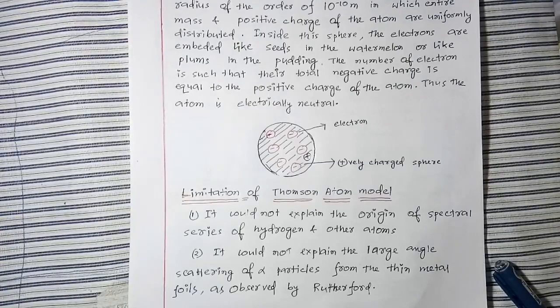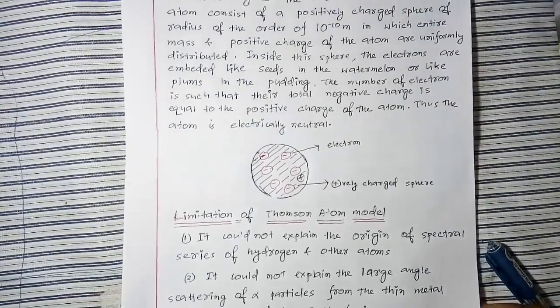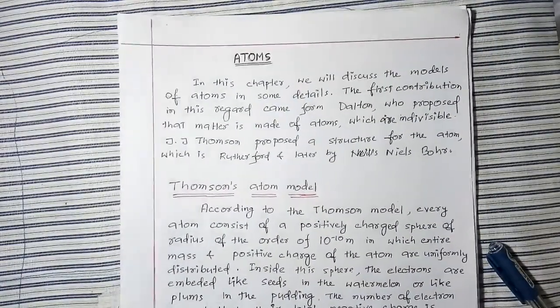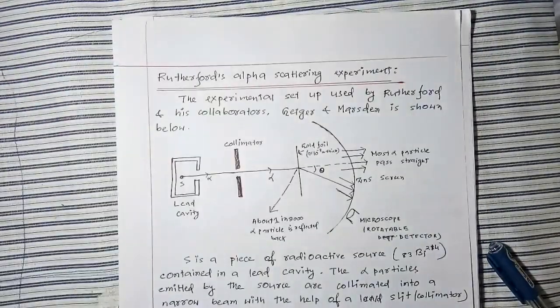That means the outcome we got in the Rutherford model, that we will discuss later, could not be explained with the help of the Thomson model. So these are the limitations. Limitation means drawbacks. Since we have drawbacks in the Thomson model, we will have to go for the Rutherford model.